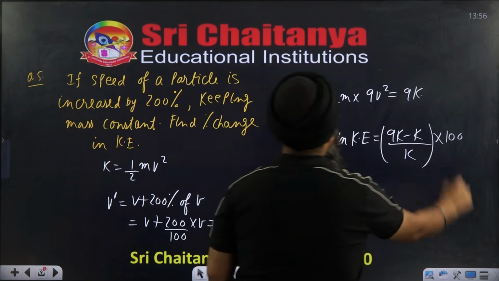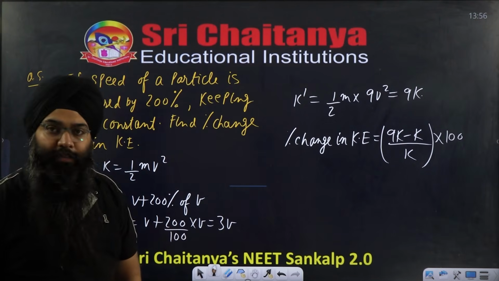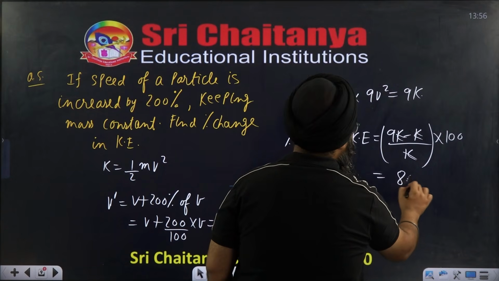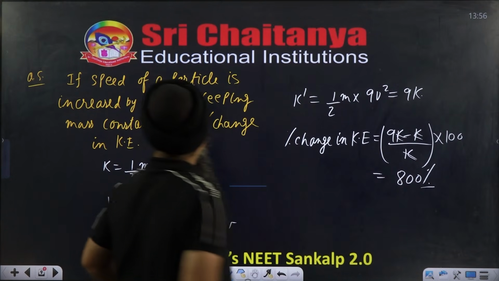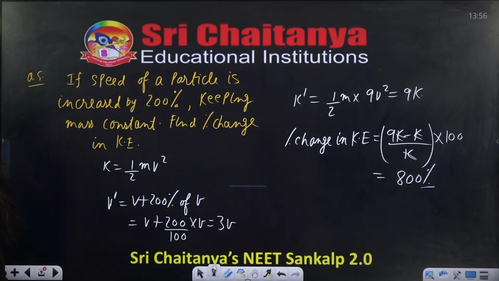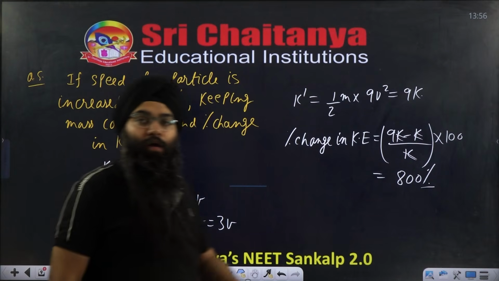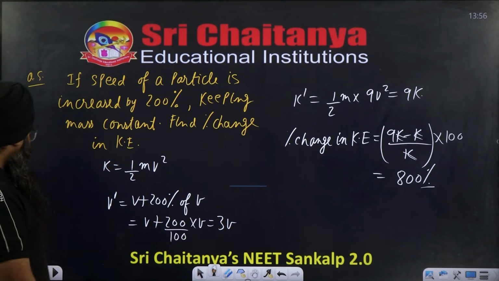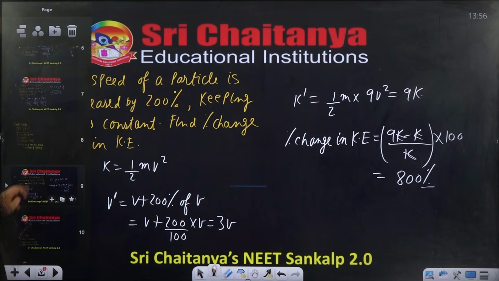So k will cancel out and you will get 800% as the answer. So if the particle is moving with some speed v and its speed increases by 200%, then the kinetic energy will increase by 800%. I hope it is clear to you.